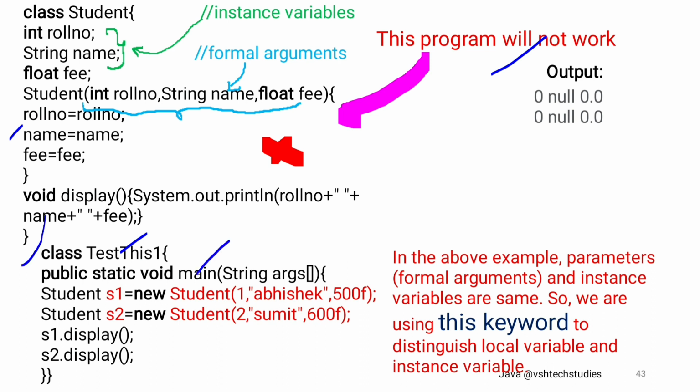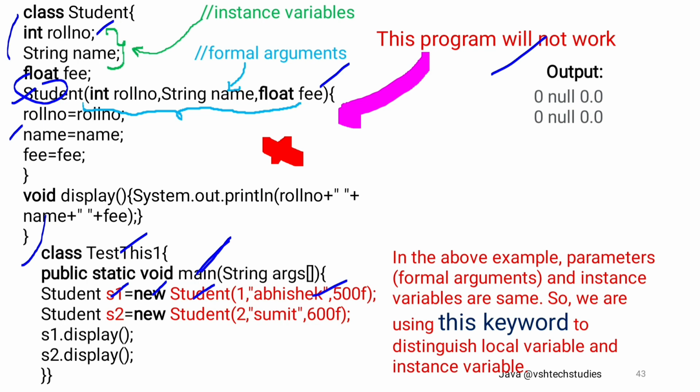Till here we have the class, and in the main function the S1 object is created using the new operator. So an object of the Student class is created. While creating, these parameters are passed, hence the parameterized constructor is invoked.